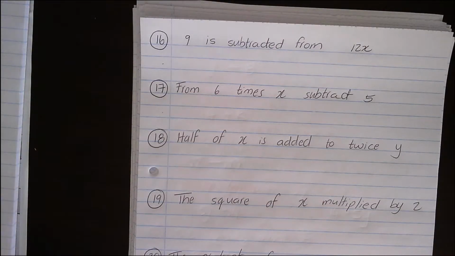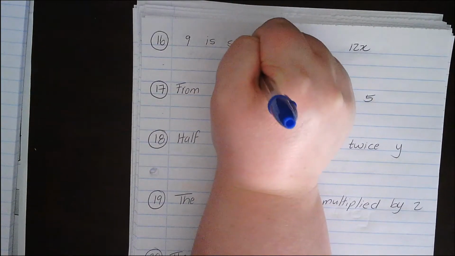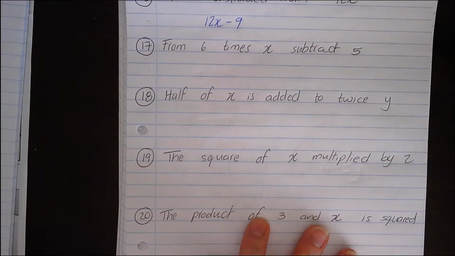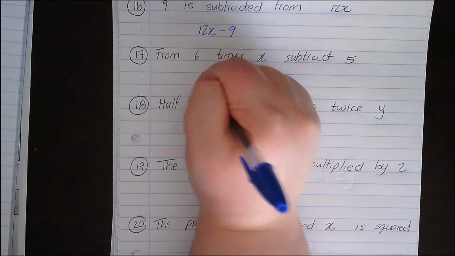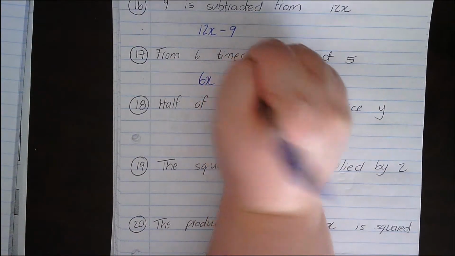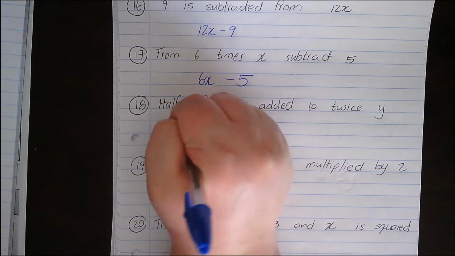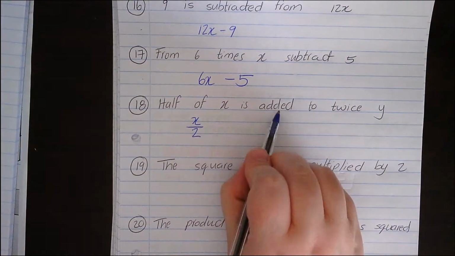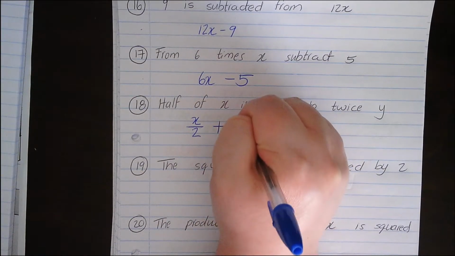9 is subtracted from 12x. 12x minus 9. Okay. From 6 times x, we subtract 5. Half of x, so x divided by 2, is added to twice y.